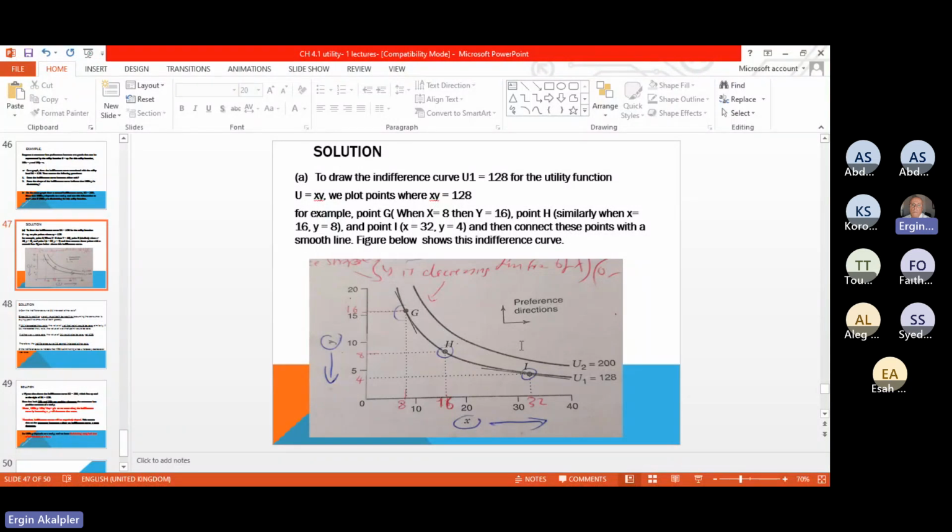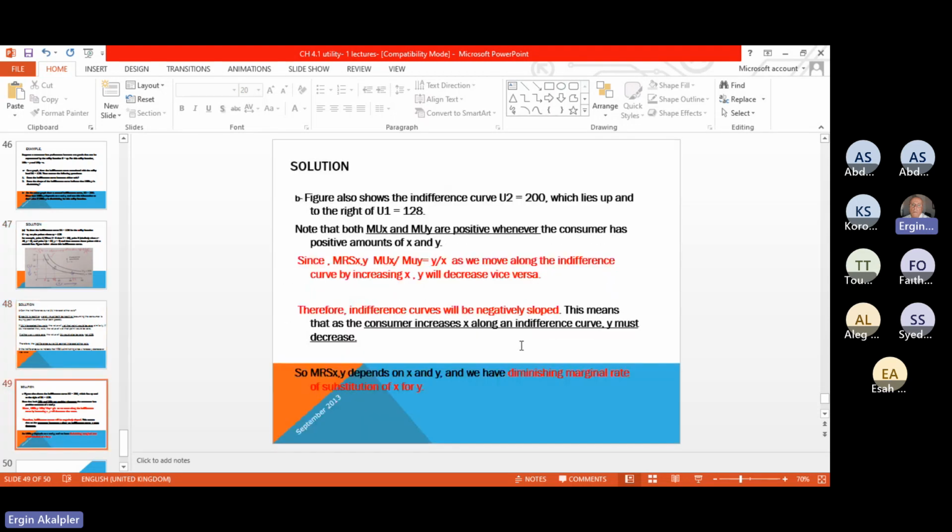As much as you increase y, you are going to reduce x. Therefore, there is an inverse relationship between these two variables or two combinations. So the consumer increases x along an indifference curve, y must decrease.